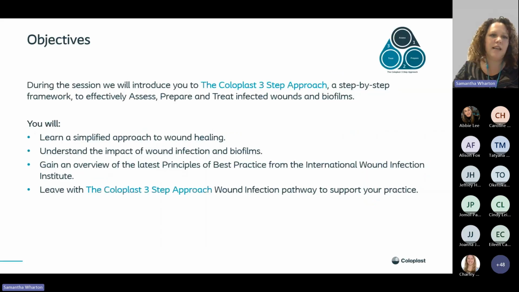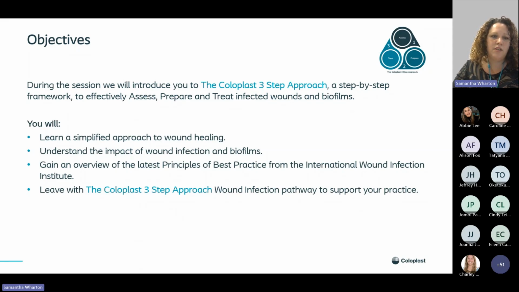So the objectives of today's session are to introduce you to the Coloplast three-step approach. This is a step-by-step framework to effectively assess, prepare and treat infected wounds and biofilms. You will learn how this simplified approach will help you to heal the wounds that you're seeing, understand the impact of wound infection and biofilms on your patients, and why sometimes those wounds become infected and why those biofilms are present in those wound beds and disrupt the healing process.